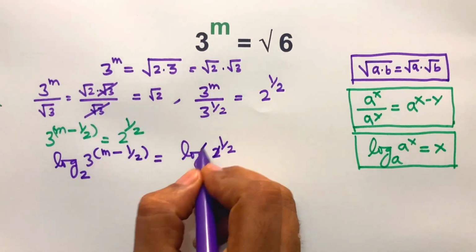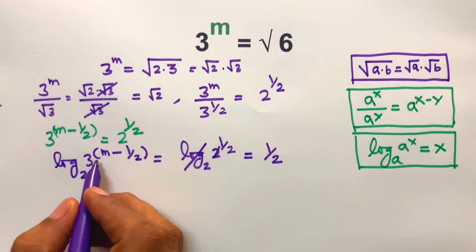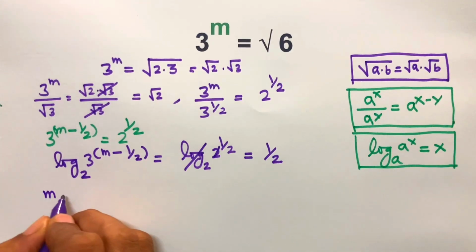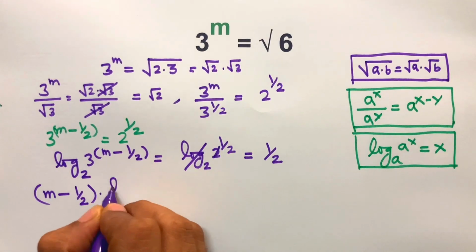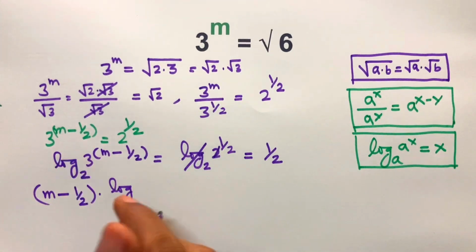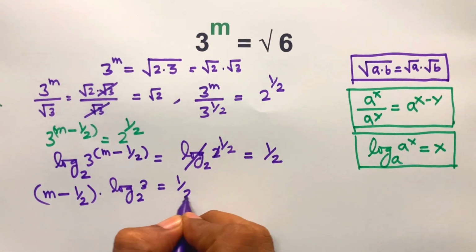So this 2 and log 2 cancels. This is equal to 1 divided by 2. So this simplifies to m minus 1 by 2 multiply log 3 to base 2 equals to 1 divided by 2.